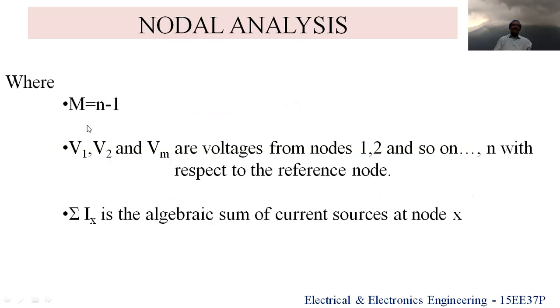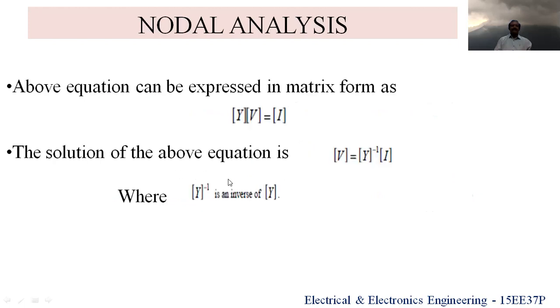Here m is equal to n-1, and v1, v2 and vm are the voltages from nodes 1, 2 and so on with respect to the reference node. The sum of Ix is the algebraic sum of current sources at node x.